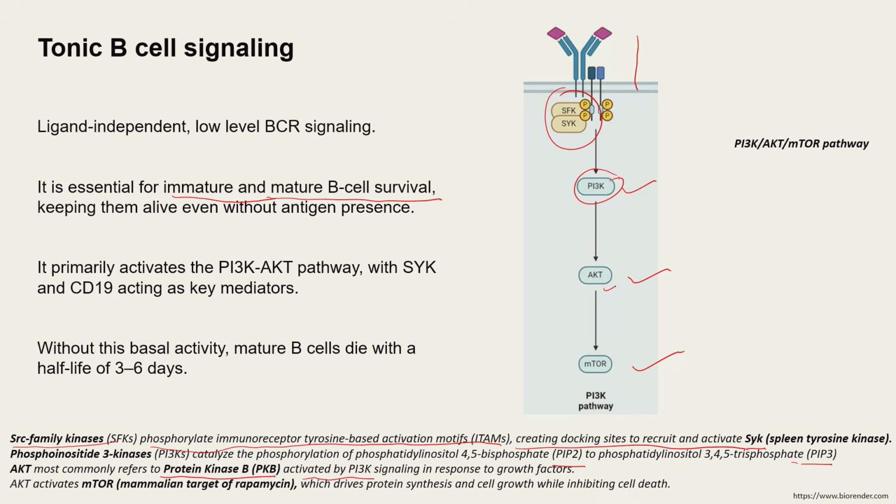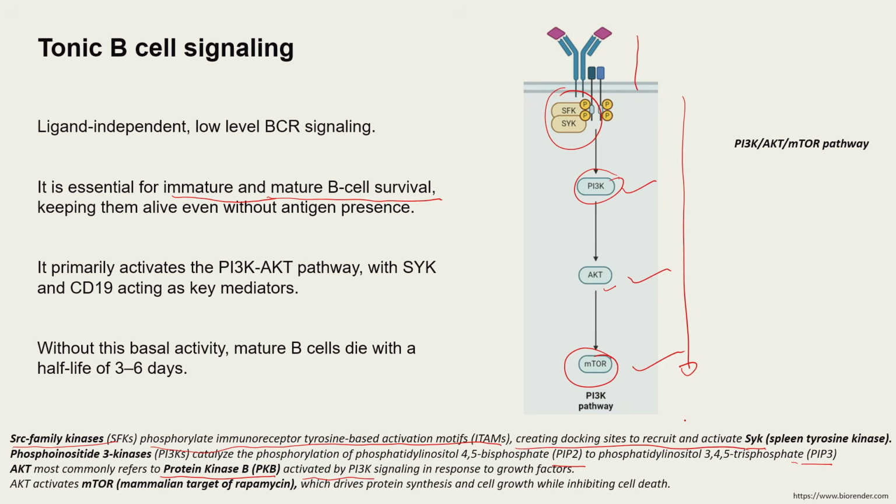And of course mTOR is another protein, called the mammalian target of rapamycin, which is very important for protein synthesis and cell growth of the host cell, while it can resist cellular death by apoptosis. So this cascade is very important to sustain the B cell even if there is no antigen exposure in the system.